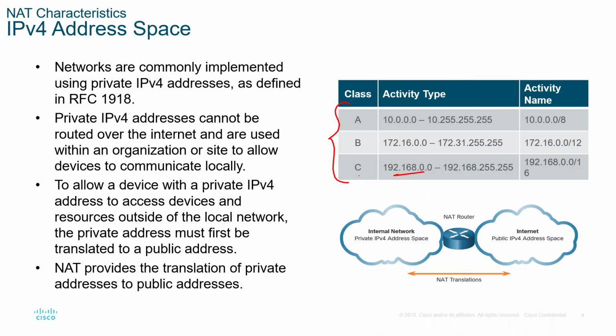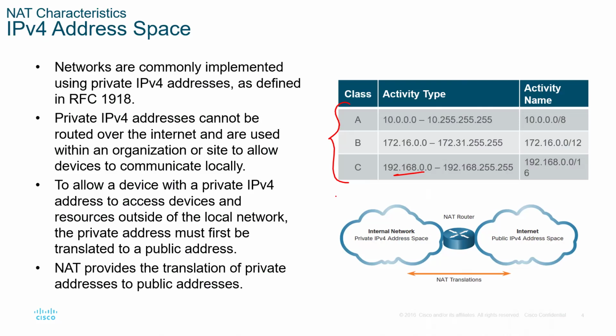But when we are talking of addresses that are able to be globally routed, we now talk of public IP addresses. You cannot globally route a private IP address. So you realize that in a network that connects to the internet, you need public IP addresses.